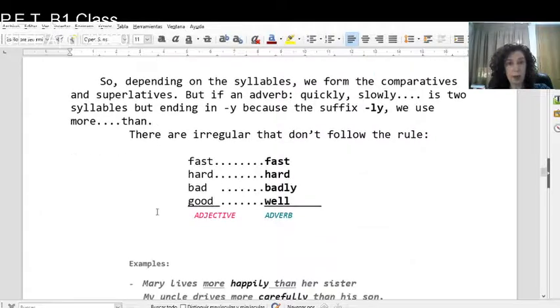And here we have again the explanation of the irregular ones. Fast is an adjective and an adverb. Hard is an adjective and an adverb. Bad becomes badly, and good becomes well. These are the changes.